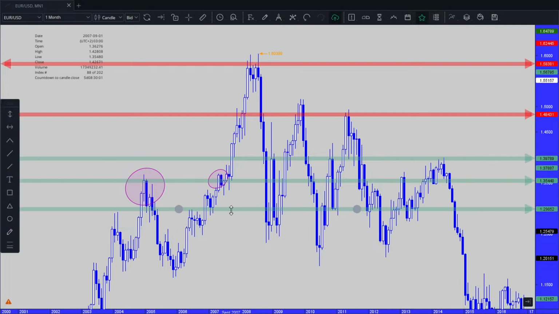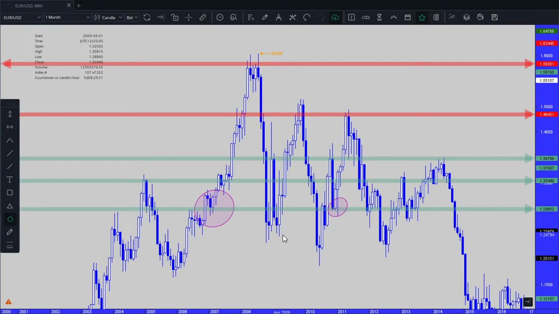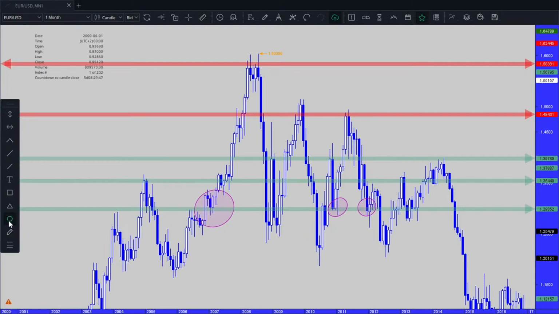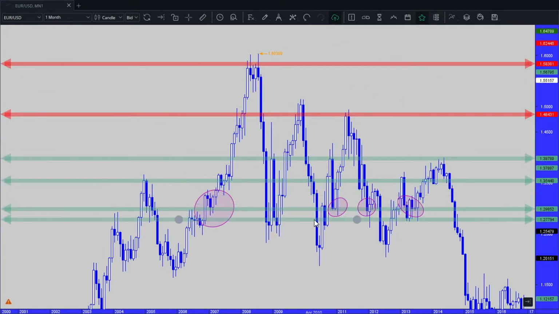So me personally, I'm going to leave it like this. Why? Because here I have a low, here not, here I have a low, here I have a low. It went through, yes sir, it's an area. Here I have a low too, and I'm going to do one more time, scrolling down, and I'm going to leave it here.